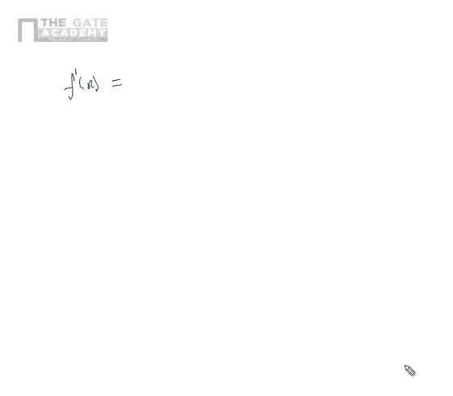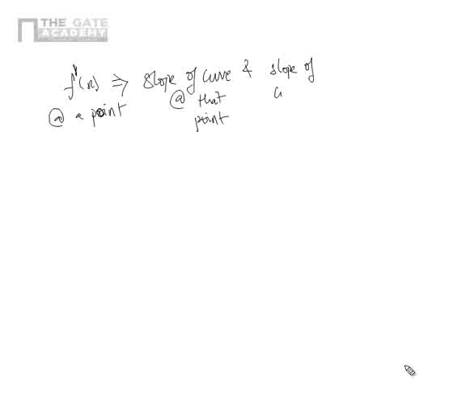So let us quickly enhance our understanding of this point. What we saw just now: f dash of x, if I am evaluating at a point, will give me the slope of the curve at that point, and the slope of the curve will be equal to the slope of the tangent to the curve at that point.